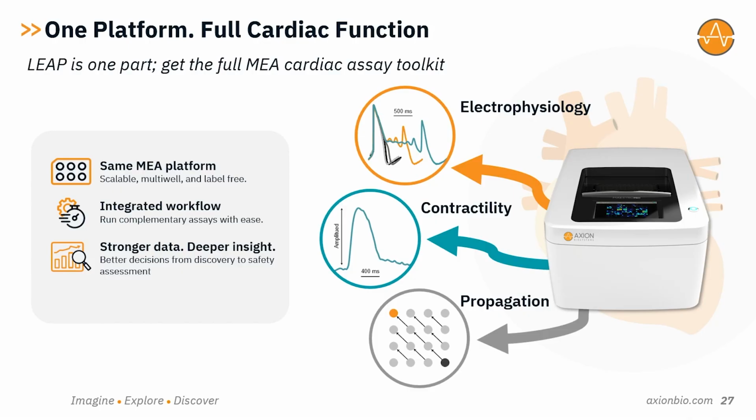The workflow is integrated, allowing researchers to run complementary assays with ease, and the result is stronger data and deeper insight, from discovery through safety assessment. So the value of LEAP is not only that it adds action potential morphology, it also fits into a broader platform designed to help researchers understand cardiac function more completely.